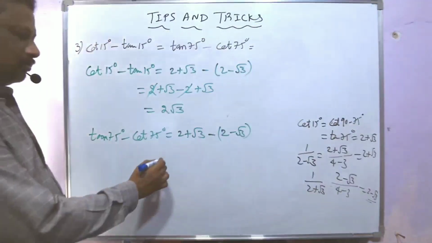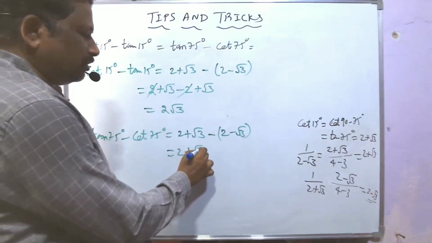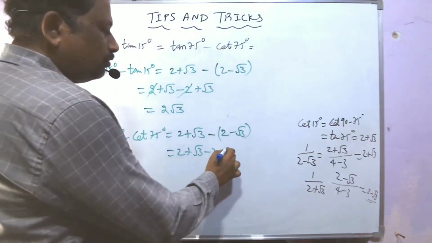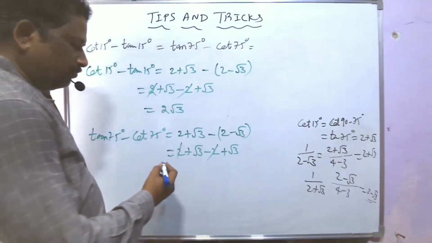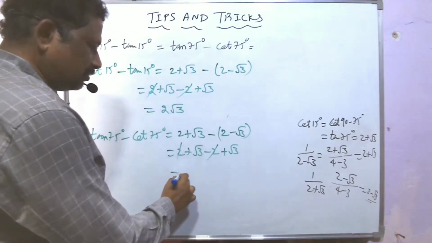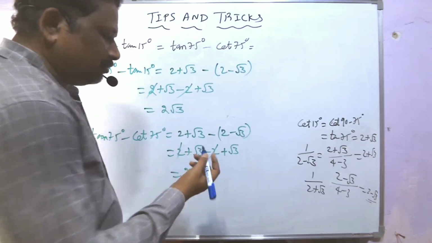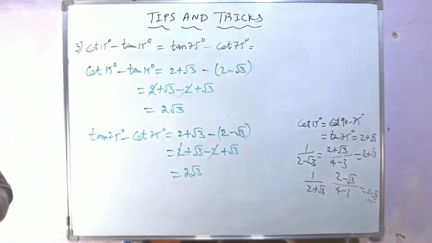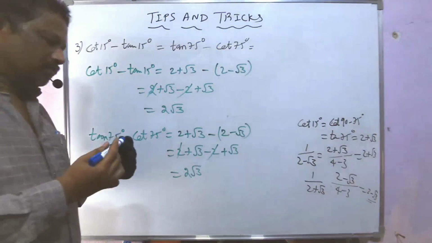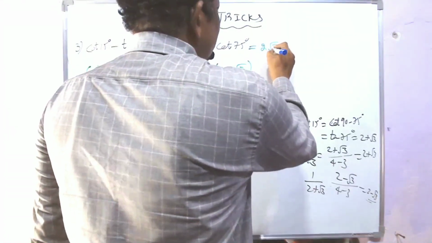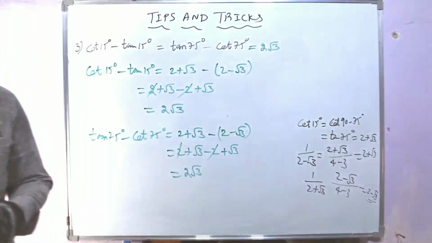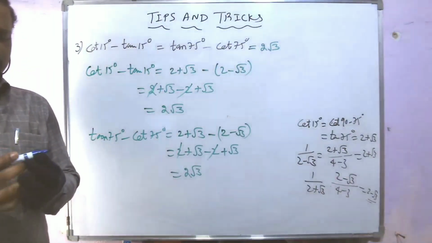So now 2 plus root 3 minus 2 plus root 3, the 2 and minus 2 get cancelled. What is left behind? 2 root 3 is left behind. So 2 root 3 is the final answer of this trick. Okay.